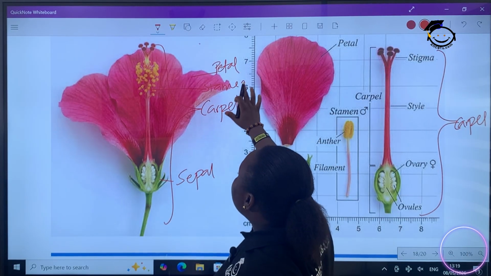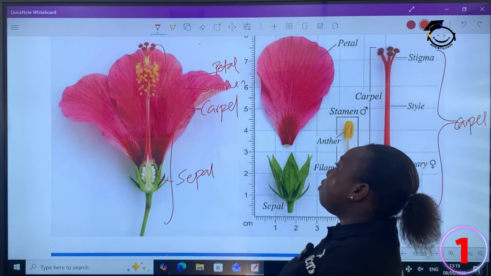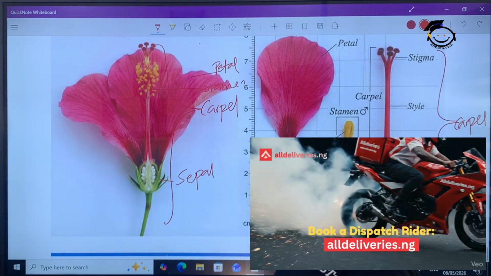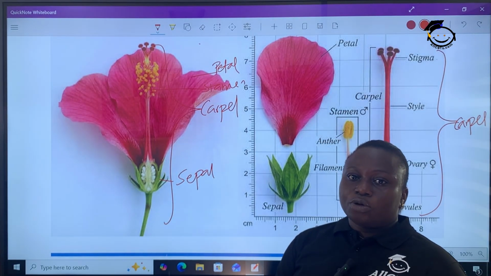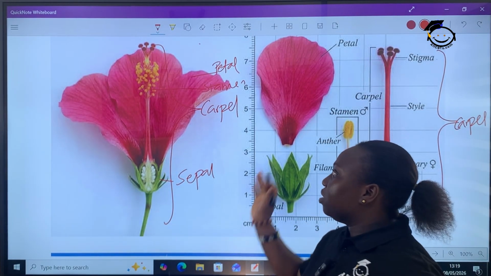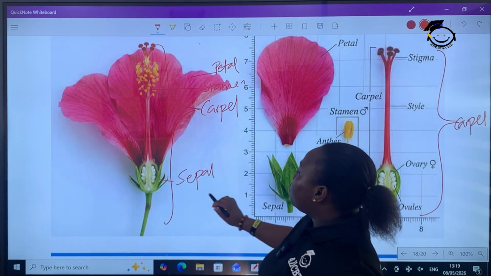So now they ask us for the function of each part they asked us to label. The function of the petal: we can say that the petal is used to attract pollinators. Why? For pollination of the flower, so that the flower will not go extinct. What's the use of the sepal?